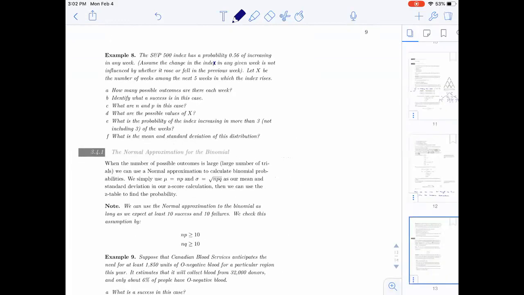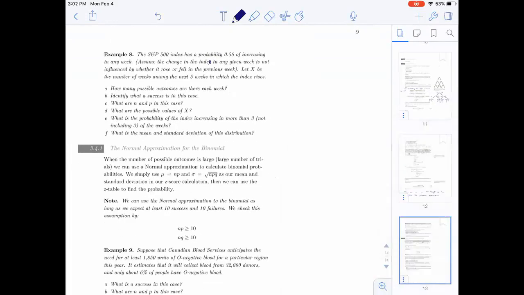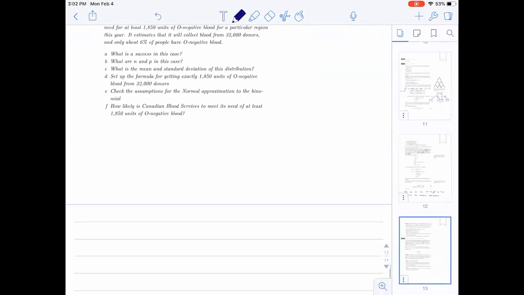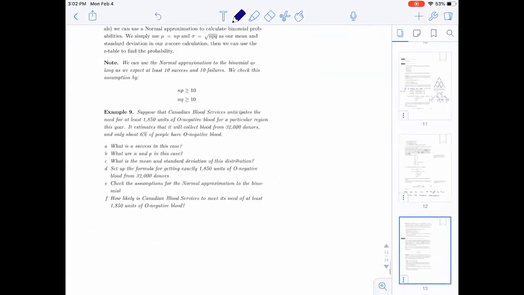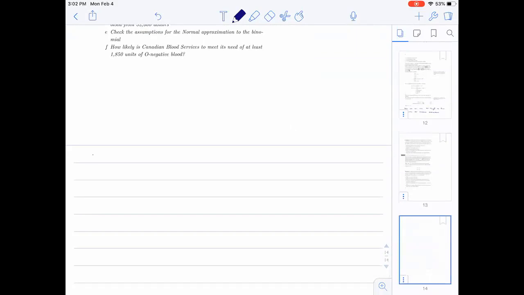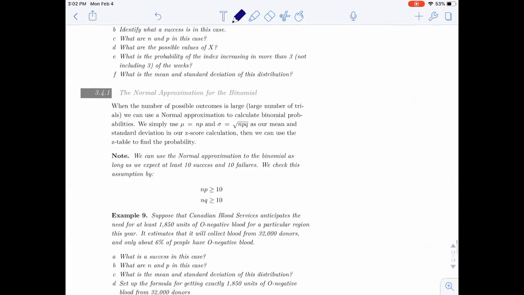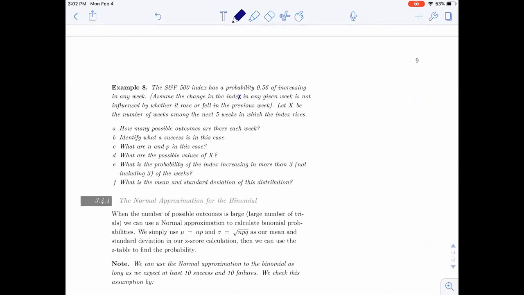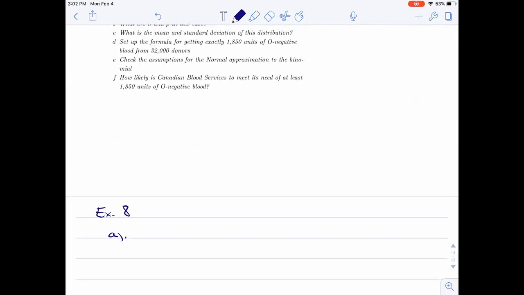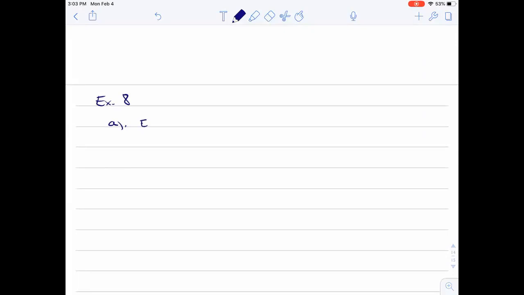Example 8, A. Each week, we have 2 possible outcomes.